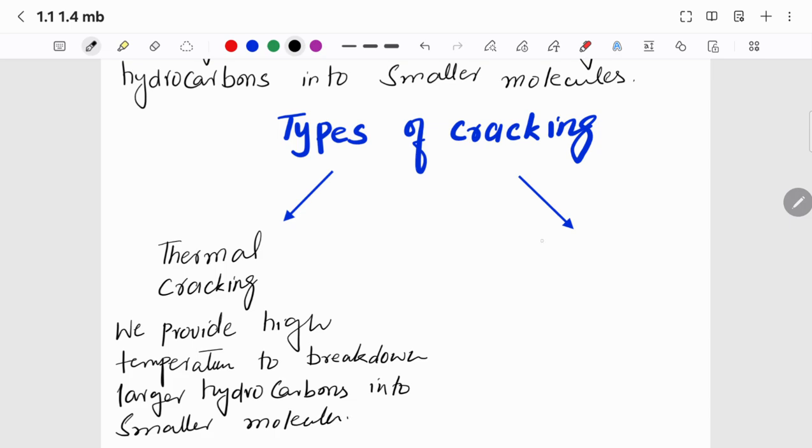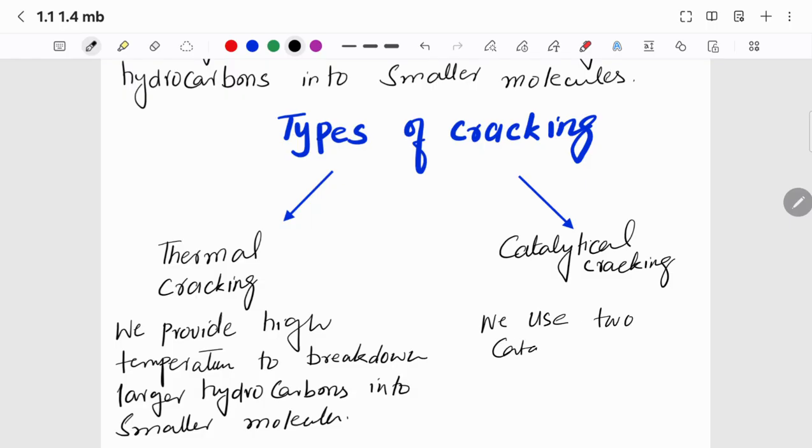The other type is catalytic cracking. In this type of cracking, we use two catalysts.